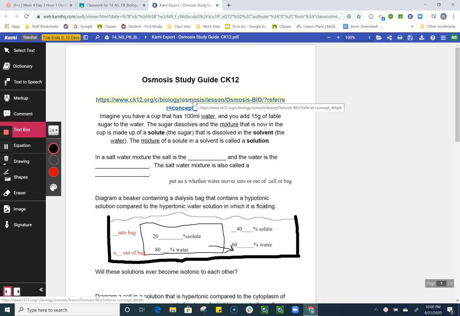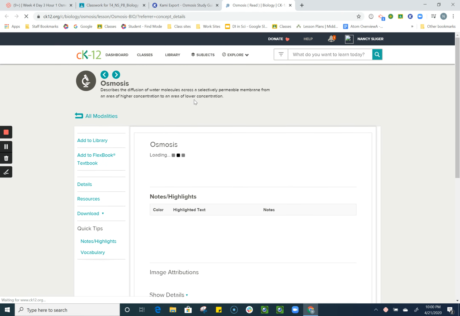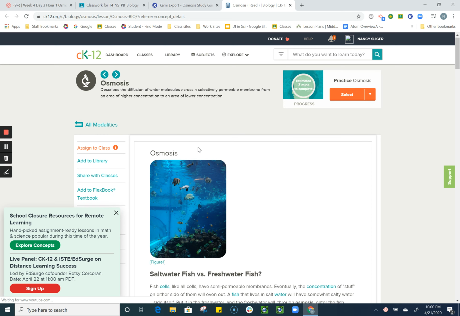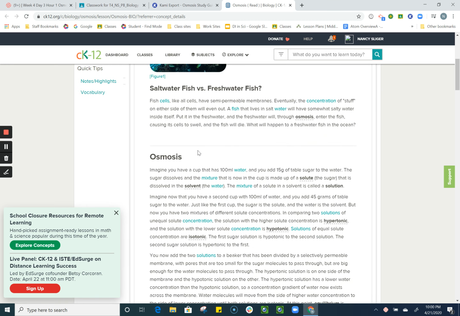If I opened up this, it would take you to a different screen where you could read about osmosis and CK12. And it talks about in a solution, you have the solute. So we used salt versus the solvent, which would be water.